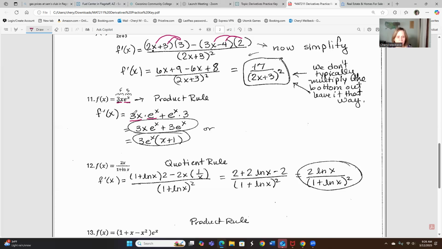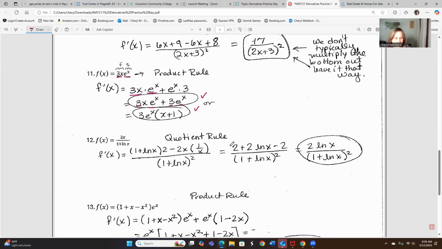Cleaning this up a little bit, we have 3x e to the x, and then we move the coefficient in front, so plus 3e to the x. Noticing that both of these terms have a 3 and an e to the x in it, you can factor that out and just have x plus 1 left. But either of those is a perfectly fine answer.